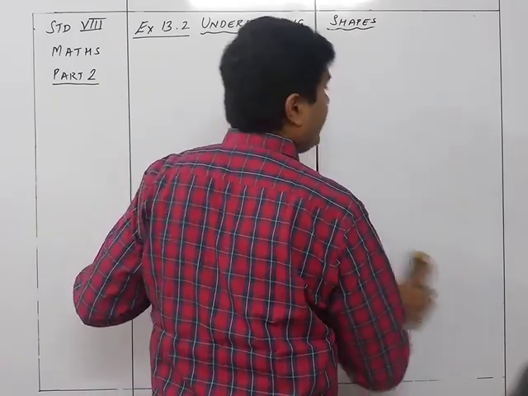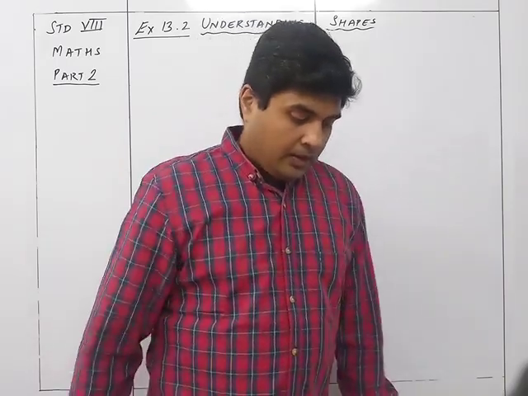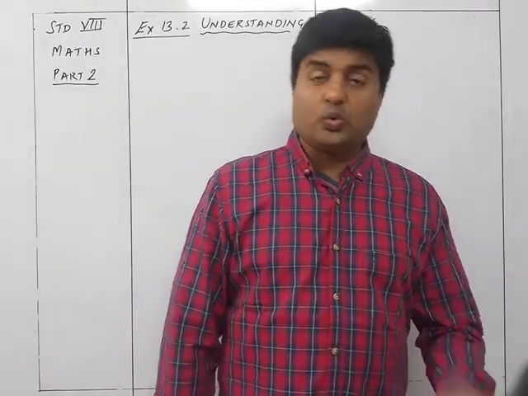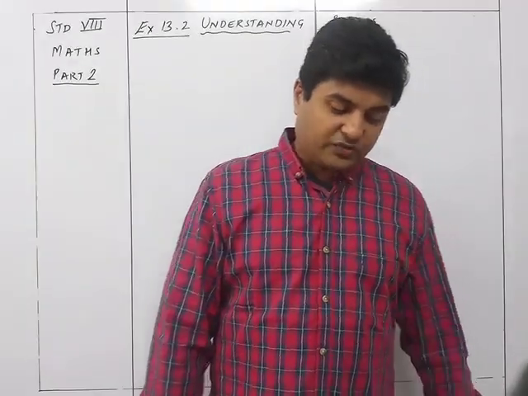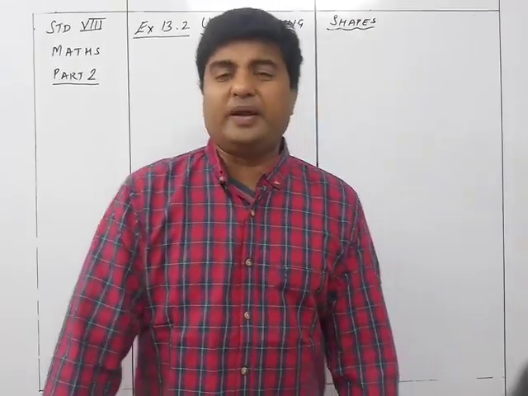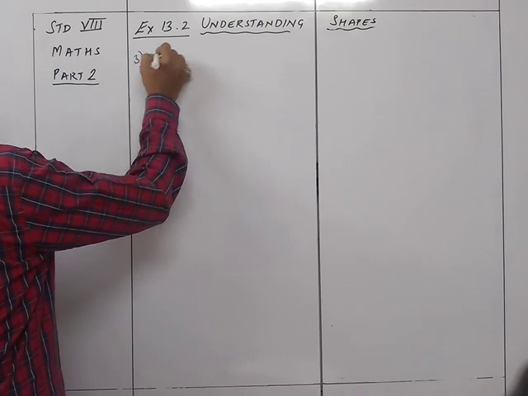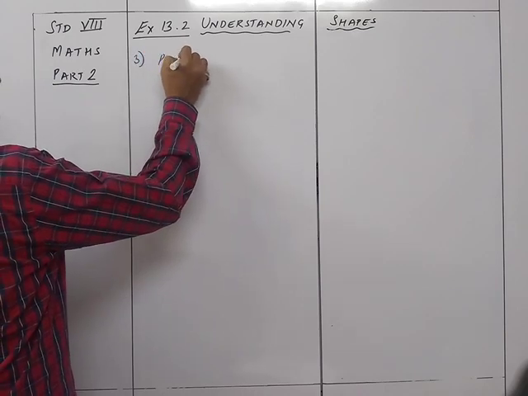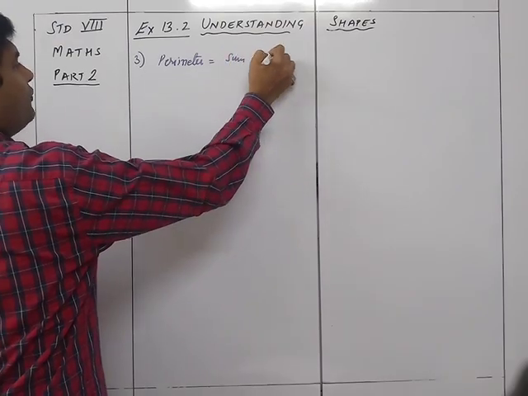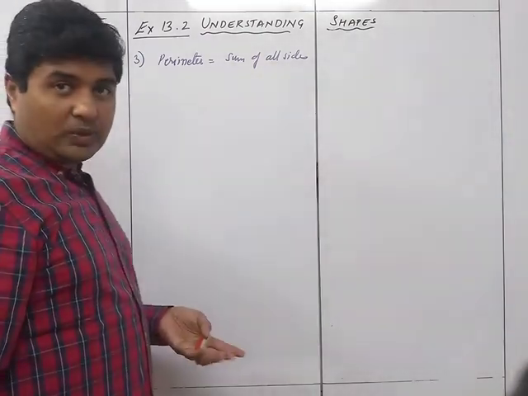Okay, so we have the next question, question number 3. Two adjacent sides of a parallelogram are in the ratio 5:7. The perimeter of the parallelogram is 72. So now what is the perimeter? Perimeter is the sum of all sides. But we know that the opposite sides are equal.